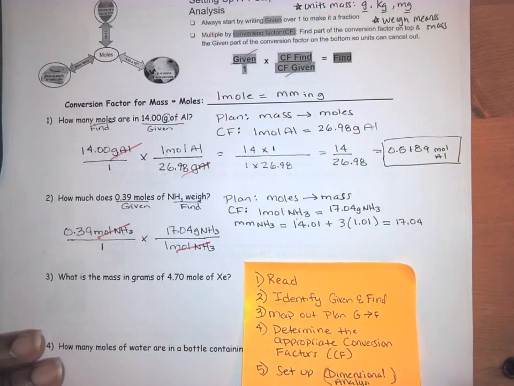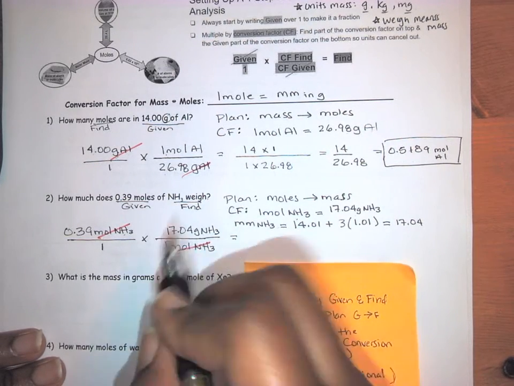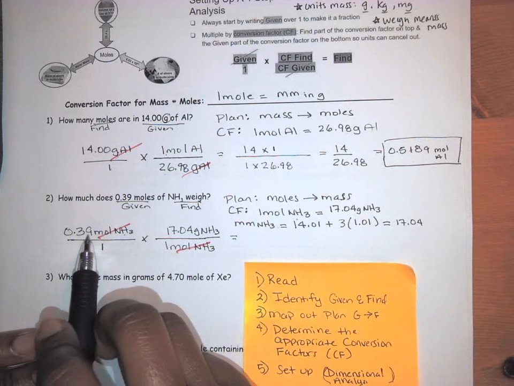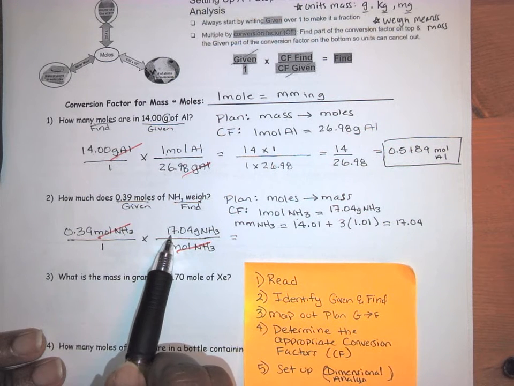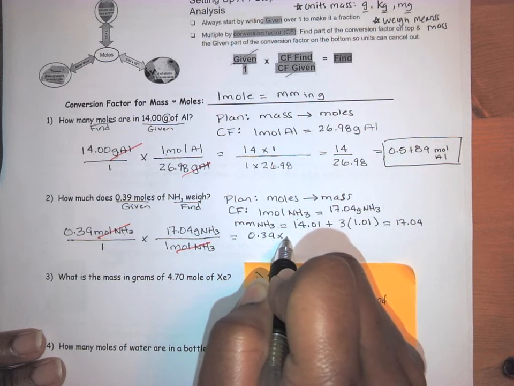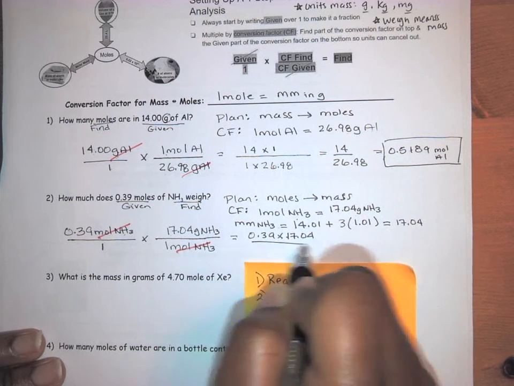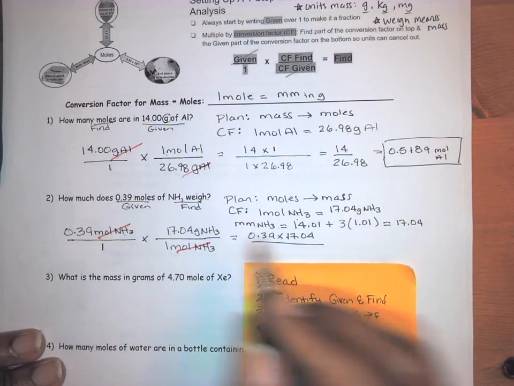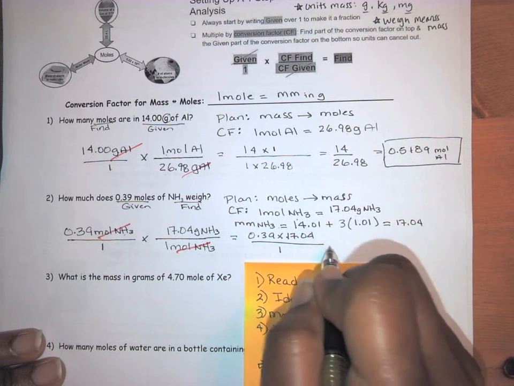Okay, now let's go into our math here. For the math part, I'm just going to focus on the numbers, and I'll come back to the units in the end. Remember, when you're multiplying fractions, you multiply straight across. So 0.39 times 17.04 goes on the top, so I just multiply the two numbers in the top. And then the bottom is going to be 1 times 1, which is just 1. I won't even worry about that.